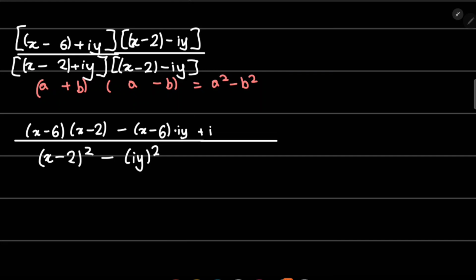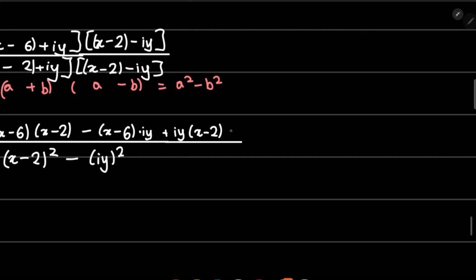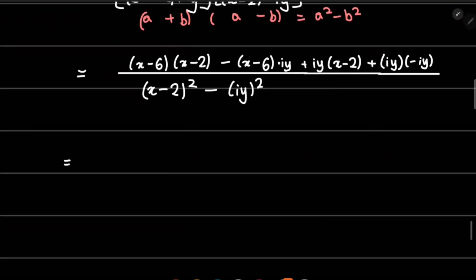Then we have plus iy multiplied by (x minus 2), and finally I have plus iy multiplied by minus iy. Now for the denominator I get (x minus 2) whole square. Now minus (iy) squared is basically minus i square y square, and you know that i square is just minus 1. So this is minus minus 1 y square. So this just turns out to be plus y squared.